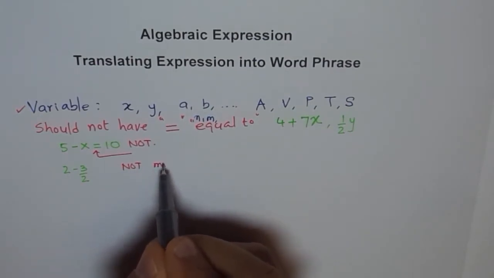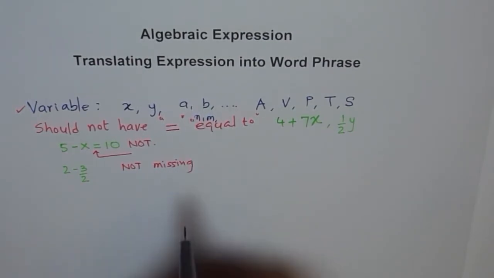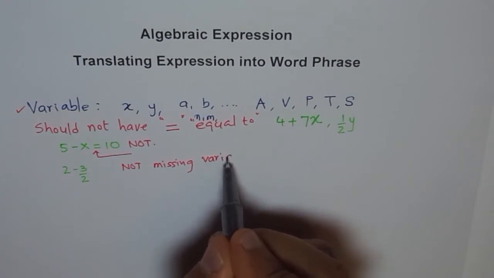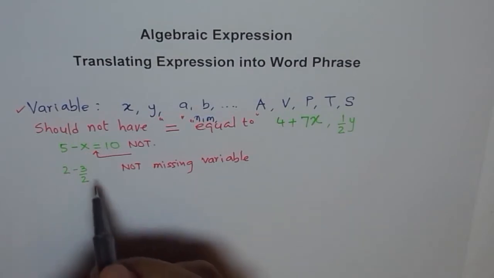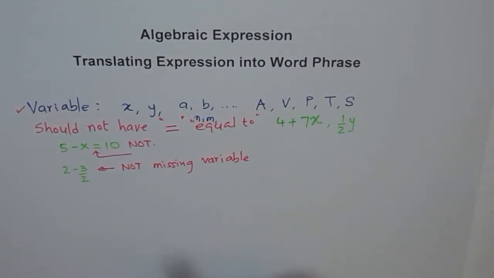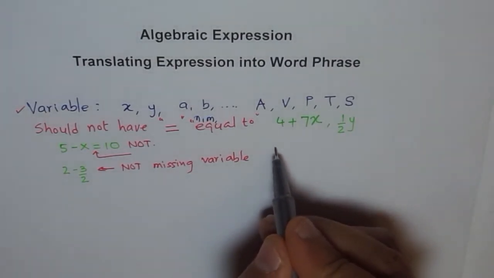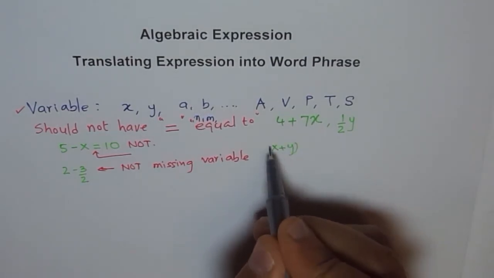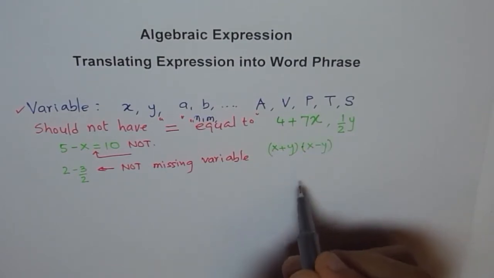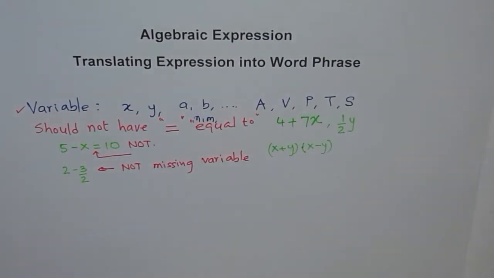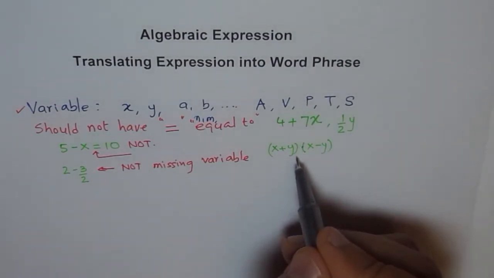Because it is missing a variable. Without a variable, we don't have an algebraic expression. So that's very critical to know. There's no variable here, right? So algebraic expressions are the expressions which have a variable. It could be two variables, more variables, x plus y times x minus y. I said times, but I didn't really write anything in between, right? So when we don't write anything in between, it means times.